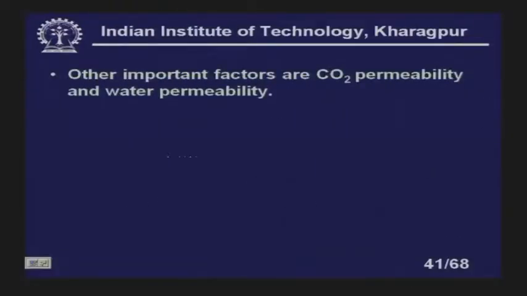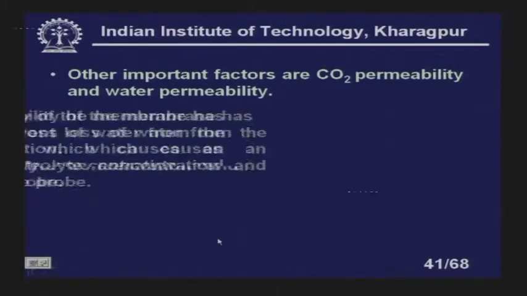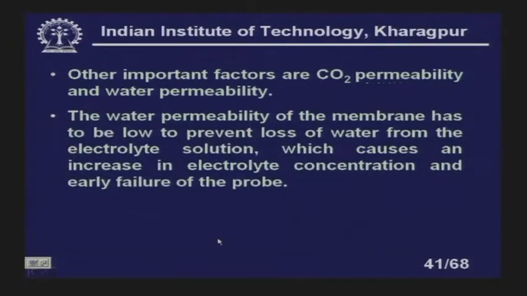This is not a problem; we have to recalibrate or change the membrane, and there is no other solution. Other important factors are CO2 permeability and water permeability. The water permeability of the membrane has to be low to prevent loss of water from the electrolyte solution, which causes an increase in electrolyte concentration and early failure of the probe.